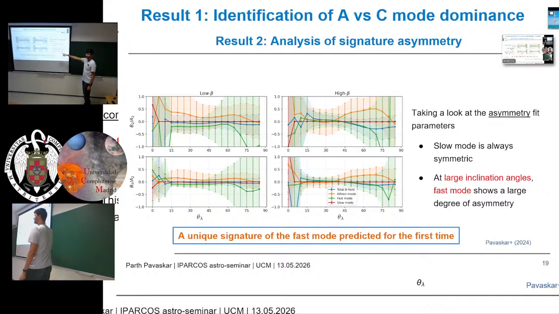So perhaps this gives us a two-way conclusion: if we do find large asymmetry, not only does the fast mode exist, but it might also be that the magnetic field at the source is at a large inclination angle with respect to the line of sight, because at lower inclinations even the fast mode doesn't show asymmetry. So this is in a sense even nicer, because it might give us twice the information, not only about the modes but also about the local magnetic field inclination.